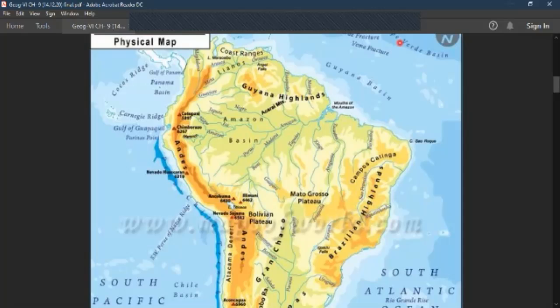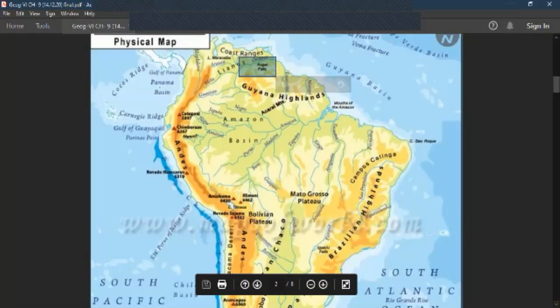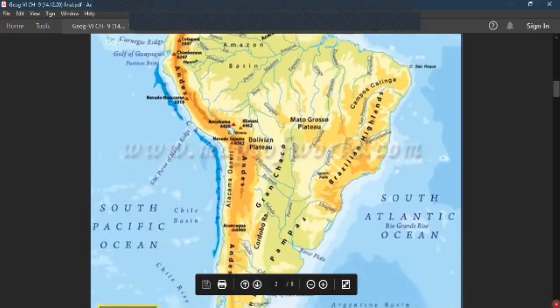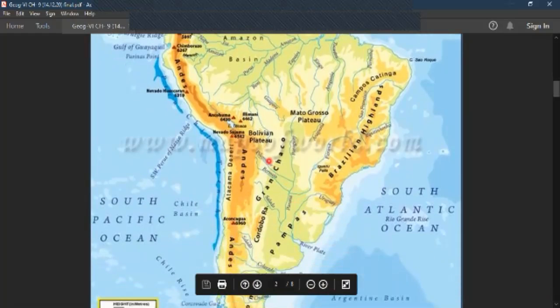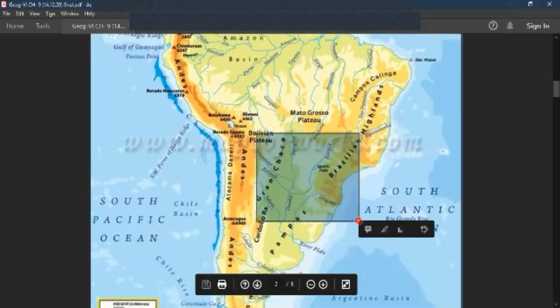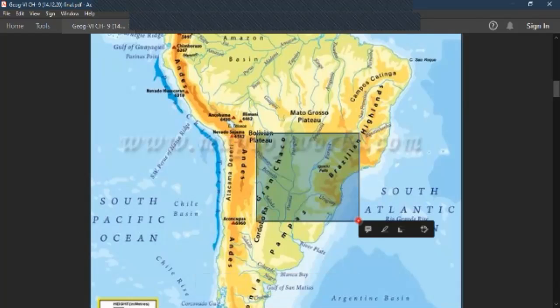The flat plains are formed by rivers such as River Amazon, Orinoco, River Parana, Paraguay, and Uruguay. River Parana, Paraguay, and Uruguay collectively form the La Plata river system.